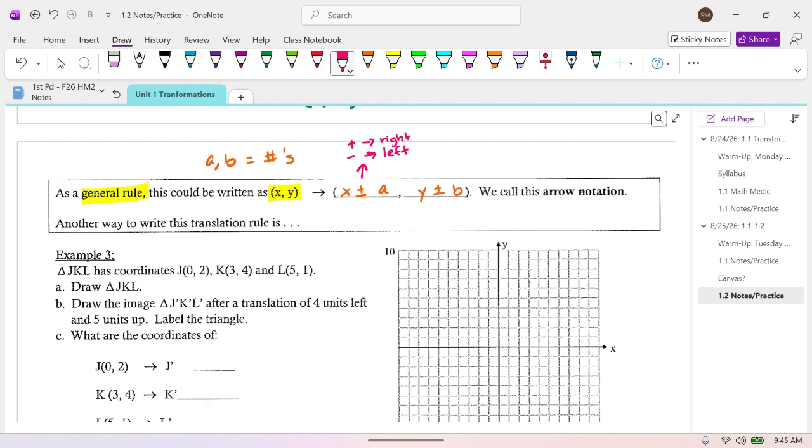So horizontal, you can only go either left or right. So the y's, the plus would be what? Up. Minus would be down. The way you can remember that, the y-axis is vertical. The only directions you can go is up, down. Treat it like a number line.